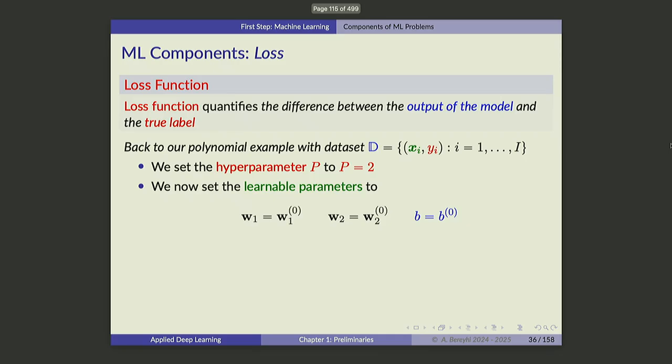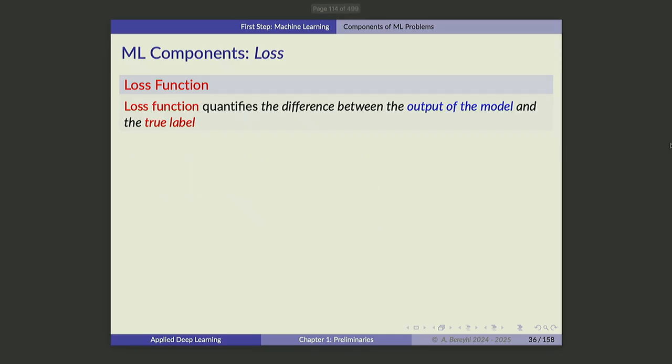So what is the loss function? The loss function is eventually a function which looks at the output of your model and the true label, and it's going to give you one scalar value, which is quantifying the difference between these two, right? Everybody's clear? So you could choose any loss function which makes sense to you, right?